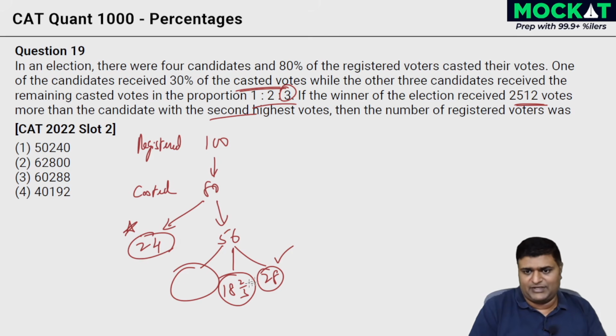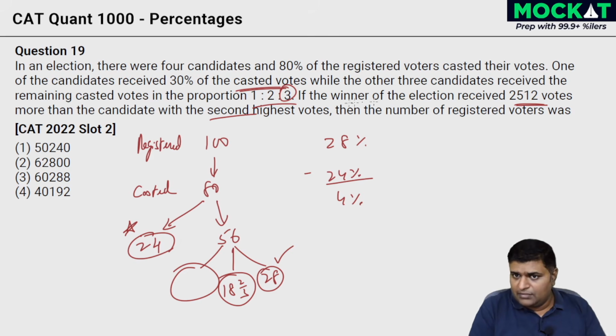Of the remaining 56, you split in the ratio of 1:2:3. What's given is the difference between the winner and the second highest. Winner is definitely 28. The second highest is definitely 24% of the total votes. So the difference, 4% of the total votes, or total registered voters, is 2512 votes.